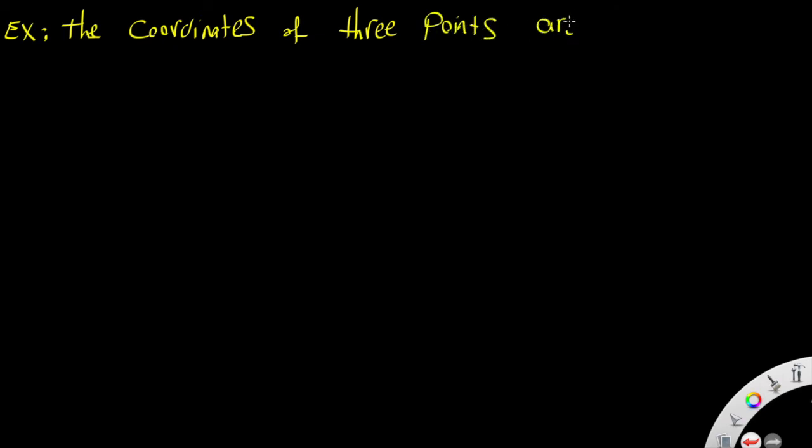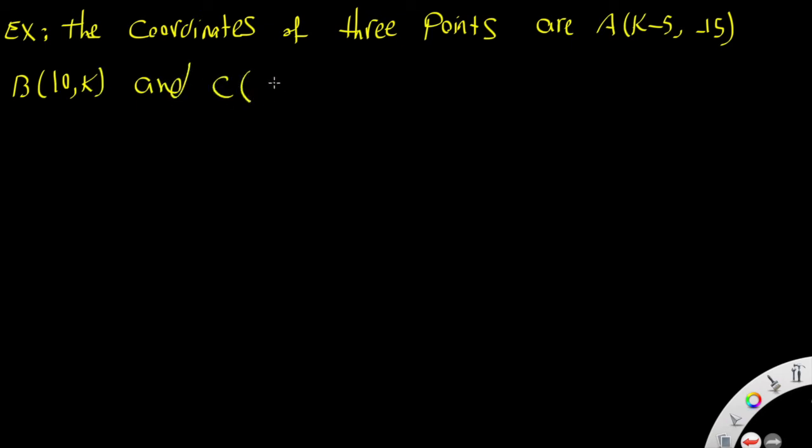Here, the coordinates of three points are A (k minus 5, negative 15), B (10, k), and C (6, negative k).